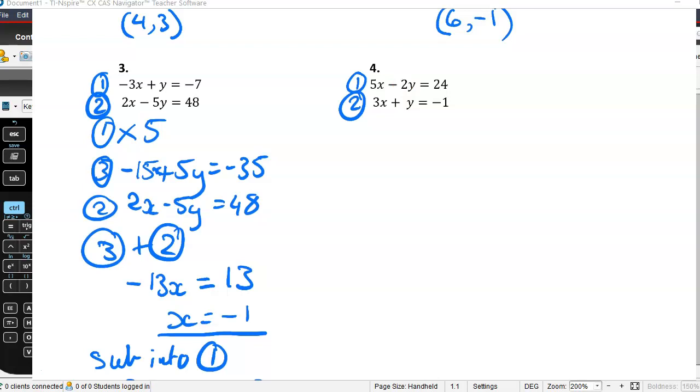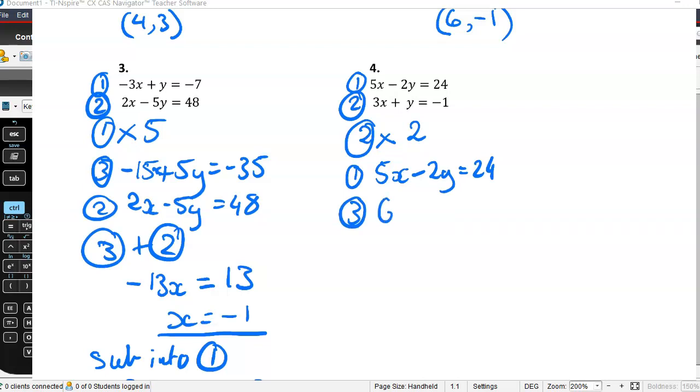So I'll times equation 2 by 2. So equation 1 is 5x minus 2y equals 24. Equation 3 is equation 2 times 2, so that's 6x plus 2y equals negative 2. Remember, you've got to times the entire equation.